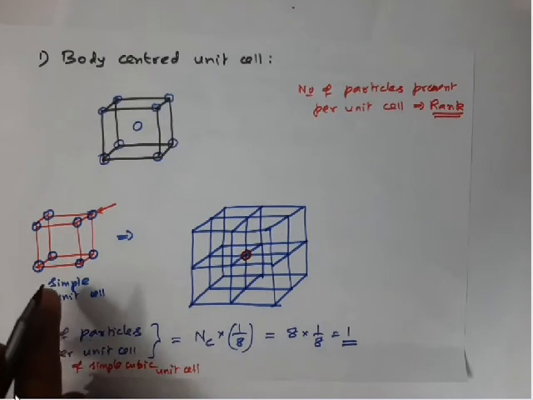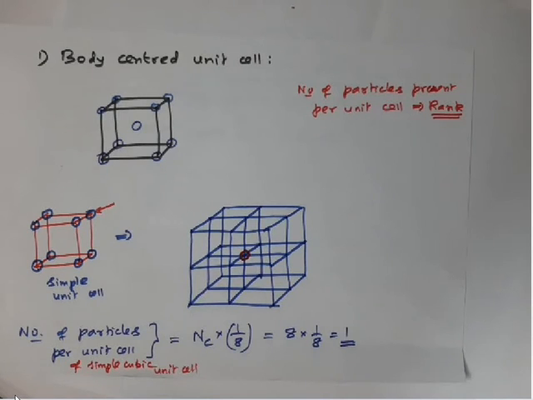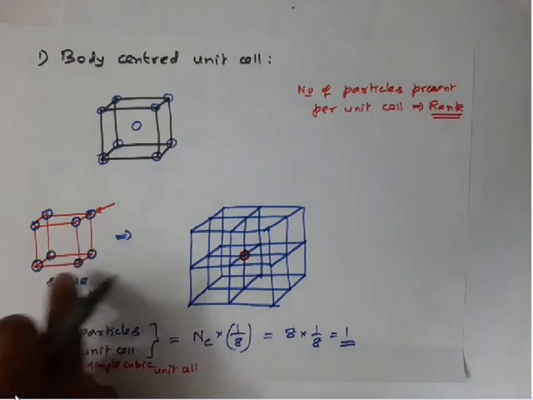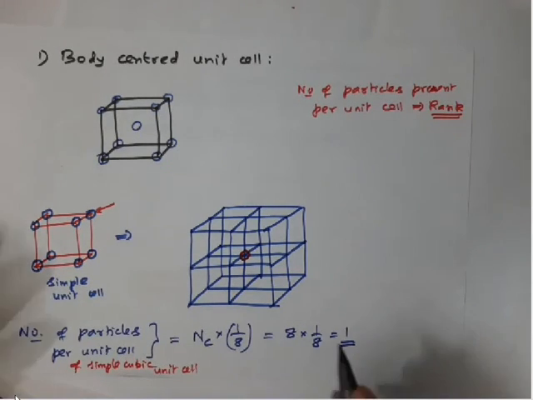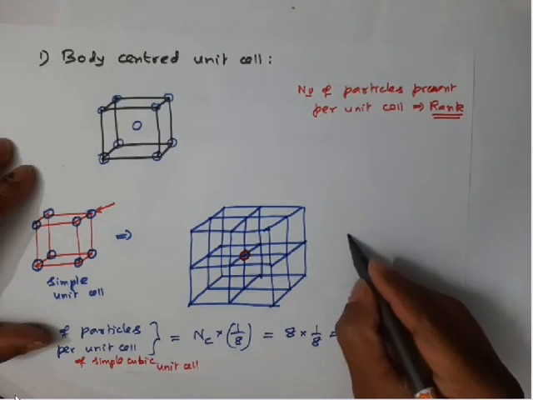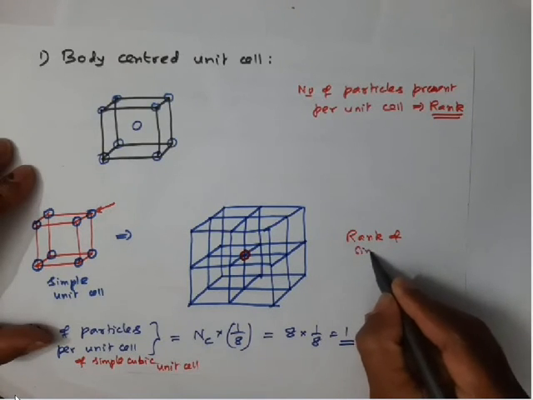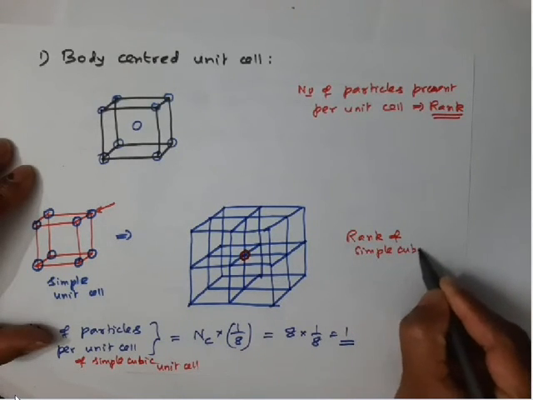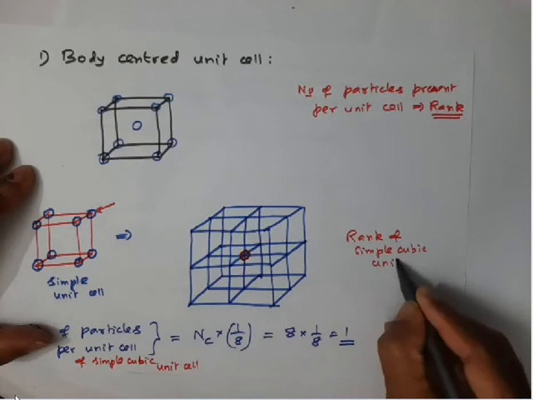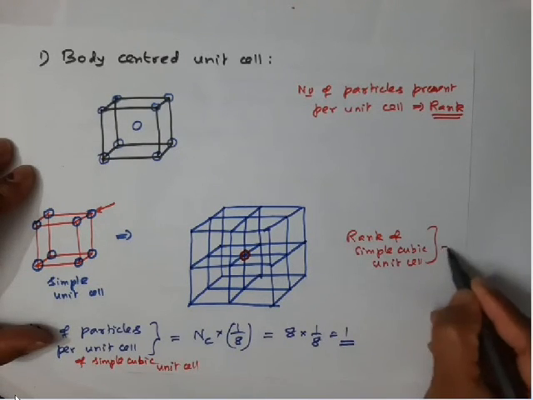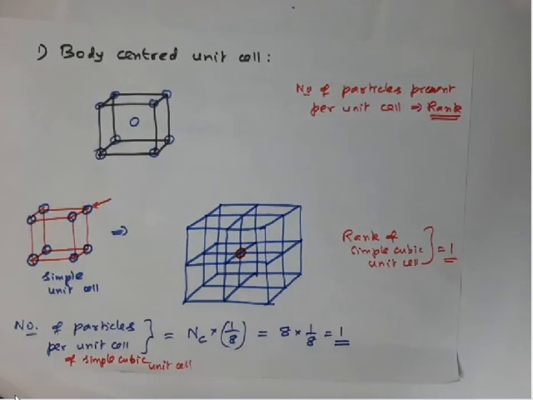So what is the rank of a simple cubic unit cell? 1, sir. That's all. Rank of simple cubic unit cell is equal to 1. Keep this in mind, very important.